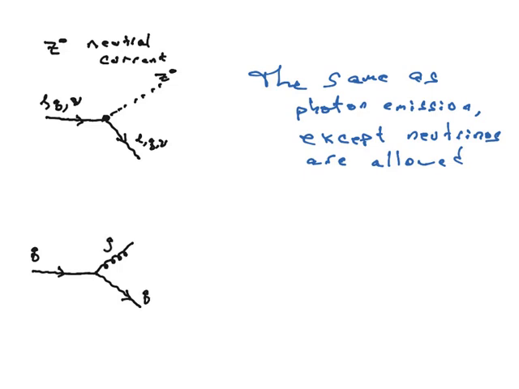You say, well, wait, isn't this just like the photon and just like the neutral current, the Z, except this one only works for quarks? So no leptons allowed. But it's not exactly the same.